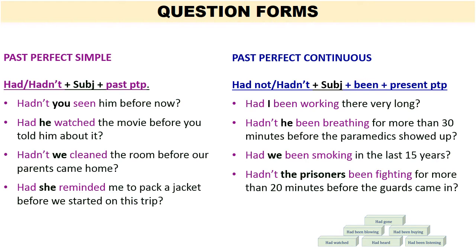For example, had I been working there very long? Now, if I were to use this in the negative question form, this question would be, hadn't I been working there very long? Note that we still use been plus the present participle form of the verb, whether we use the positive or the negative question form.